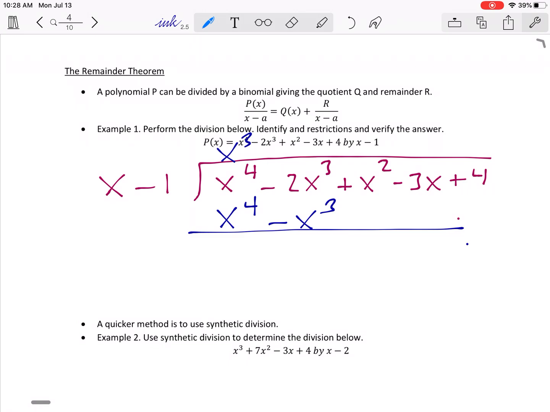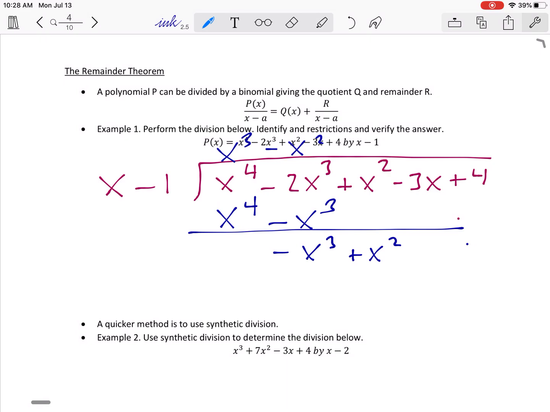So you got negative 2x cubed minus negative x cubed. So there's two negatives there, so you get negative x cubed plus x squared. Now we'll multiply this by minus x squared.